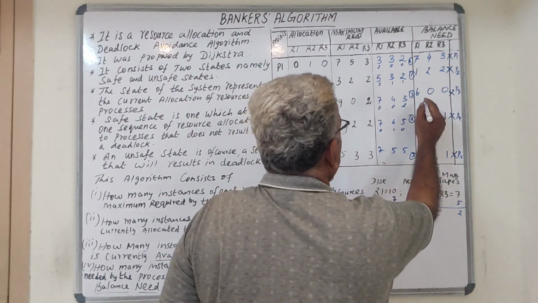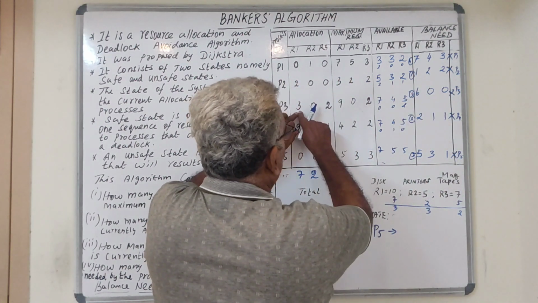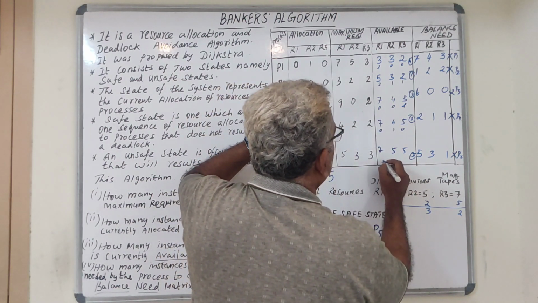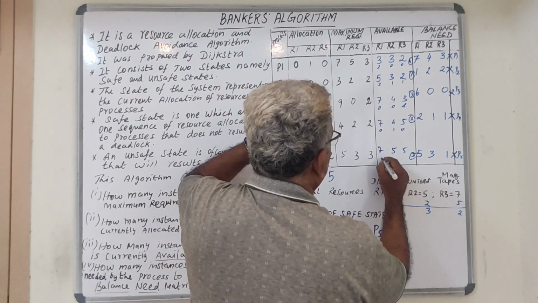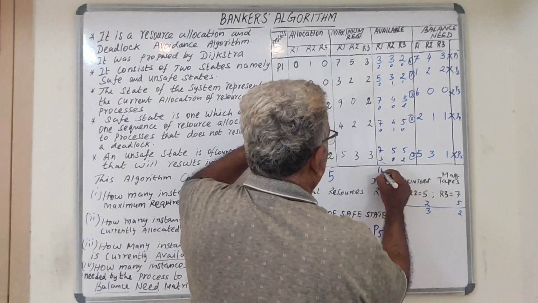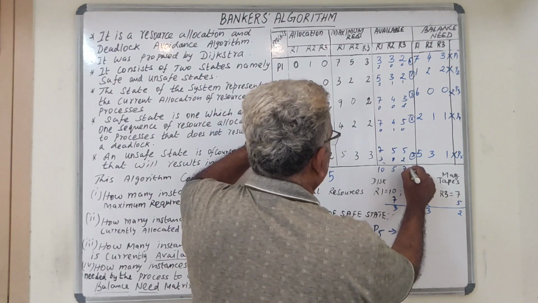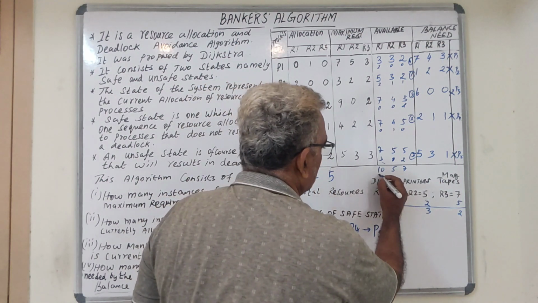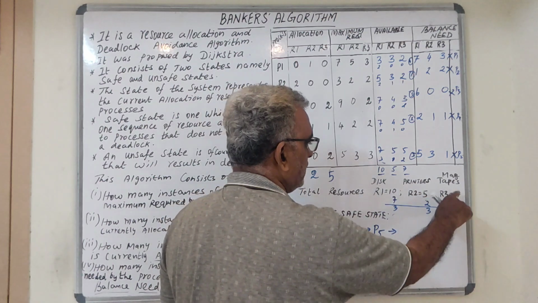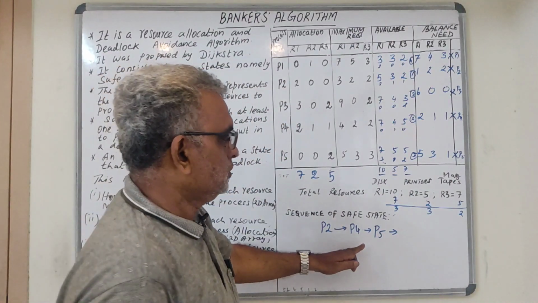After completion of P3, now we have to add these values to the available resources: 3, 0 and 2. So now the result is 10, 5 and 7, which is the total number of resources available.